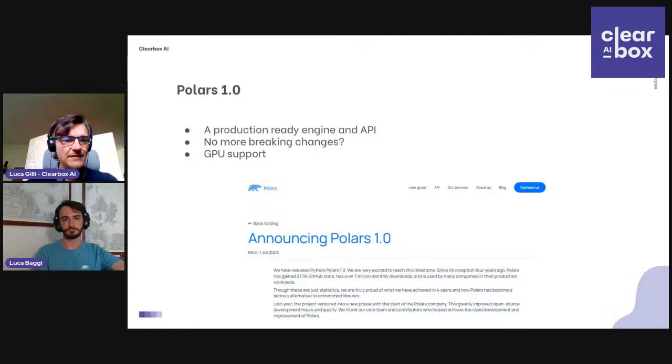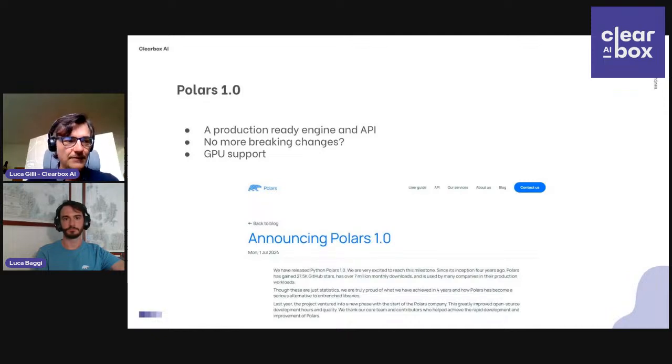With this release, what the developers and the maintainers are saying is that we now have a production-ready engine and API. So maybe with this release we had some breaking changes. I don't know how big these breaking changes were, to be honest, but the idea is that from now on these breaking changes will happen less and less frequently.